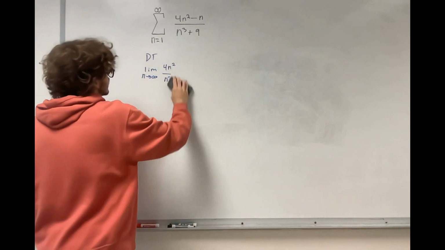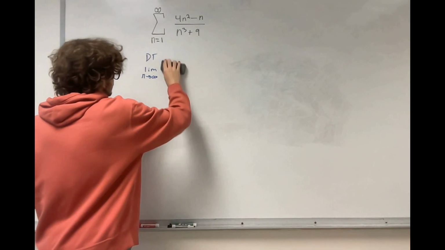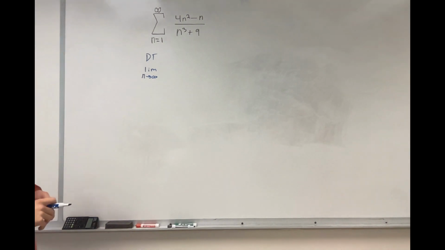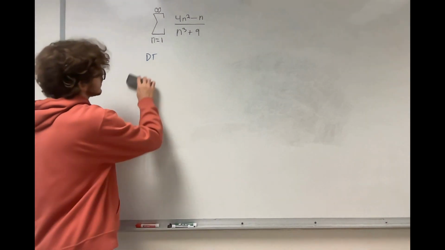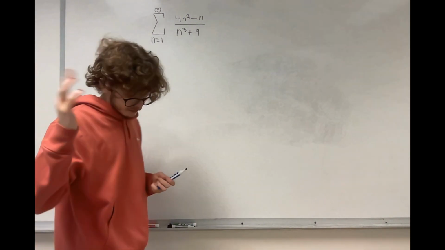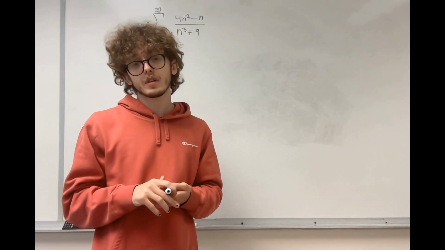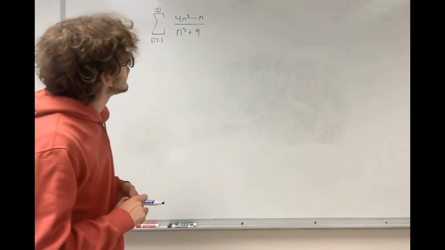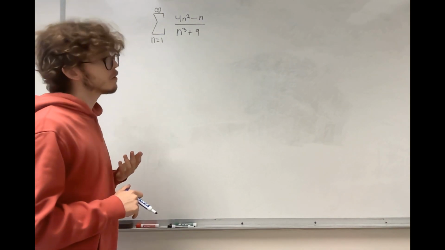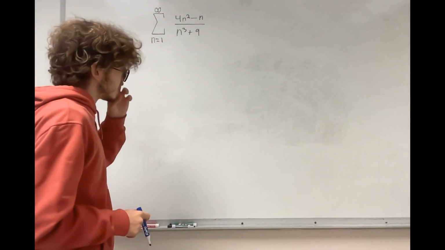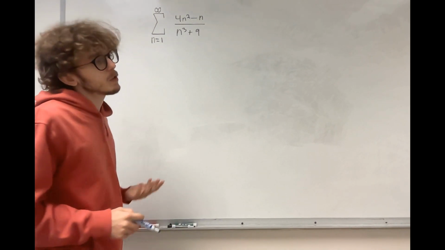So unfortunately this is going to be indeterminate by the divergence test. That's the first thing you should always do, the divergence test. Can you do it? Unless you have factorials, it's not that hard. So no, we don't really know if it's divergent or convergent yet. We haven't determined that.